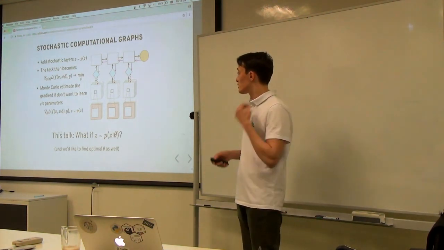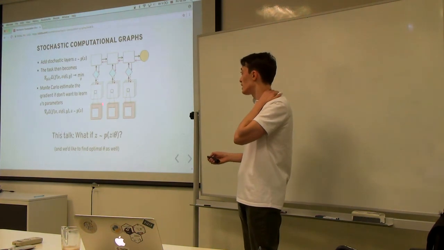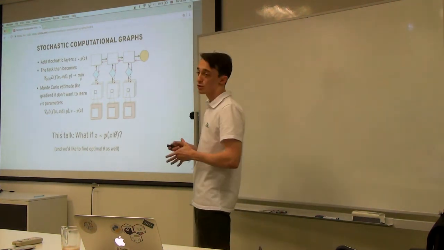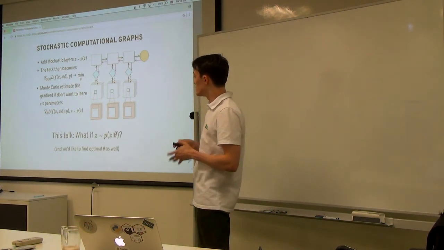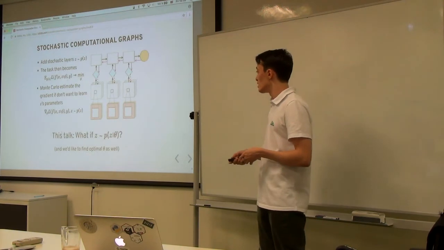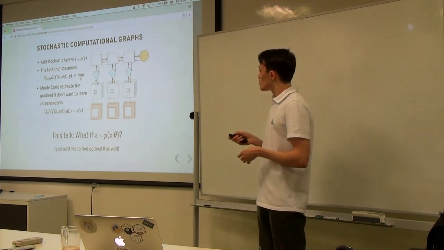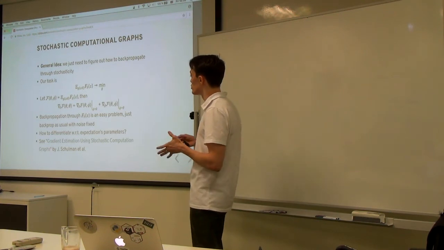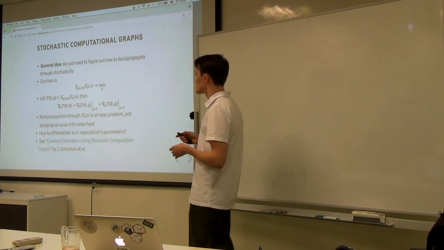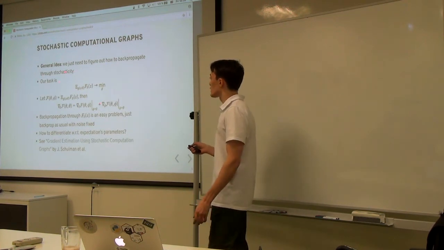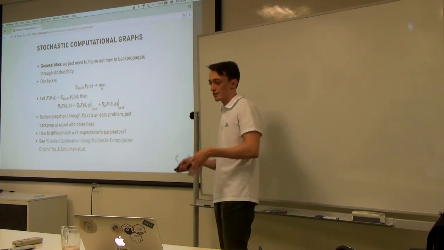So this talk will be about the situation when we have some stochasticity injected in our graph, and we would like to obtain gradient estimates with respect to parameters guiding this stochasticity. In mathematical terms, that becomes the following objective. Let's forget about the inputs and only worry about the stochastic units.